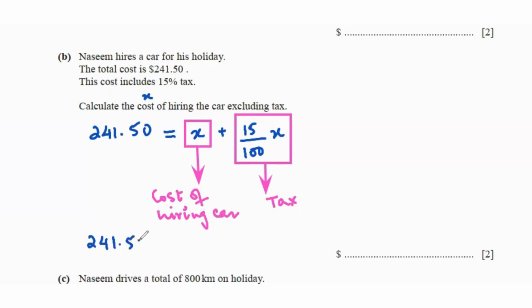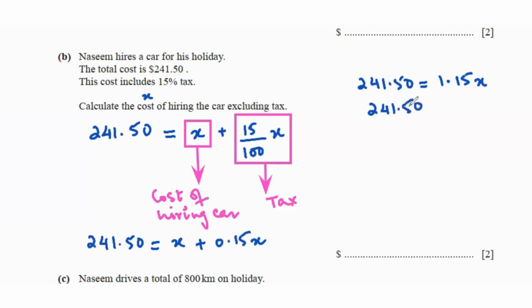So 241.50 equals X plus 0.15 of X, which gives us 241.50 equals 1.15X because we add the 1. Then we divide 241.50 by 1.15, which is going to give us $210. That is your cost of hiring the car, excluding tax.